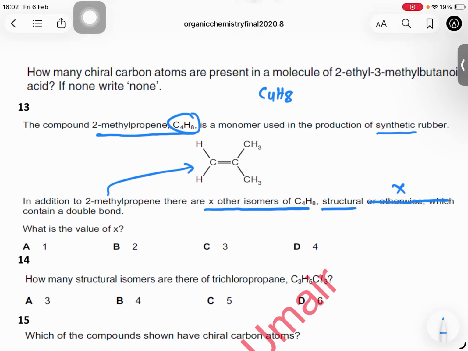Draw all possible structures of C4H8, and then you will find one of them is 2-methylpropene. Then subtract that number, and the rest will be your answer.